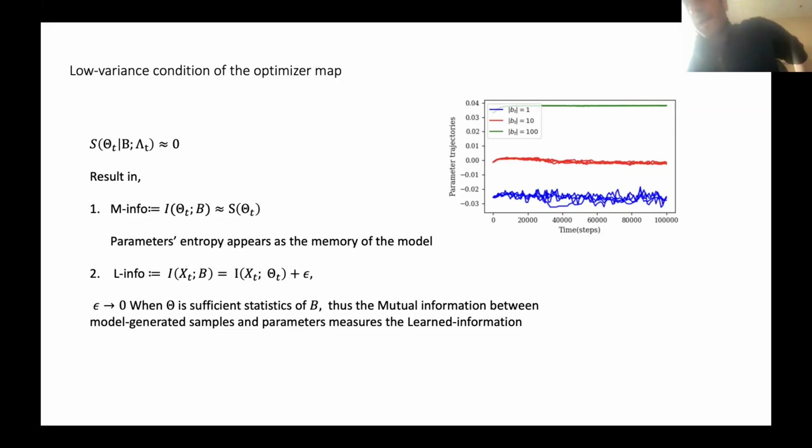It means that at the end of the training, you can get rid of B, you exhaust the useful information from B, and the mutual information between X and B approaches the mutual information between X and theta.